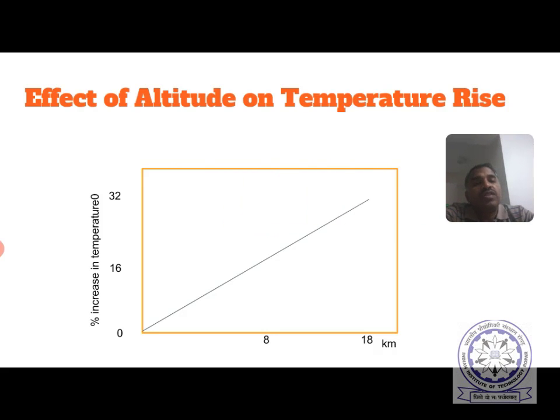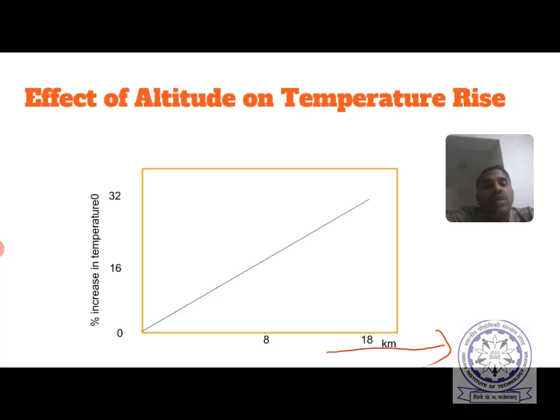The next one is the effect of altitude on temperature rise. Altitude means the height of the place. The percentage hotspot temperature rise increases with increase in the height above the ground.